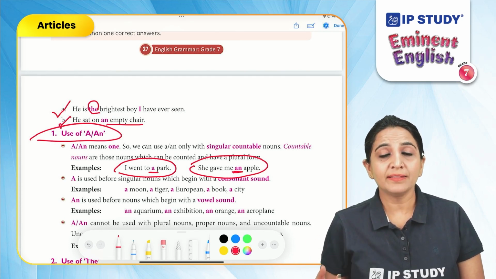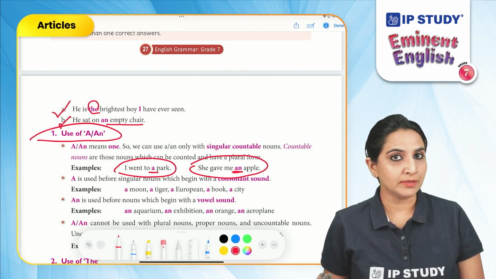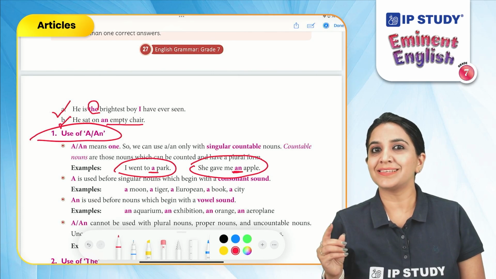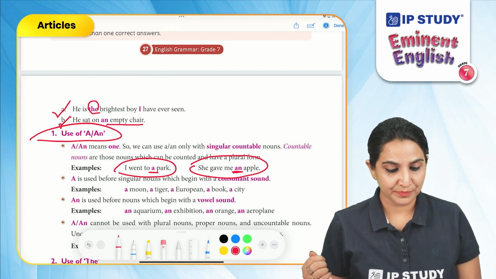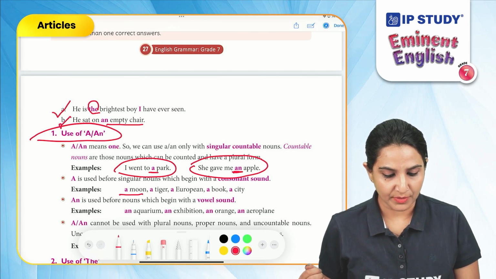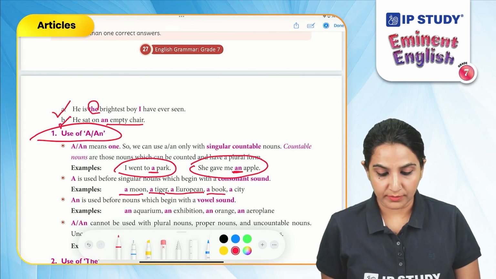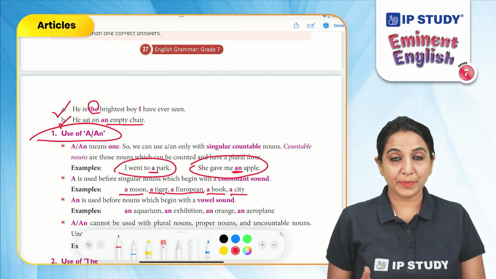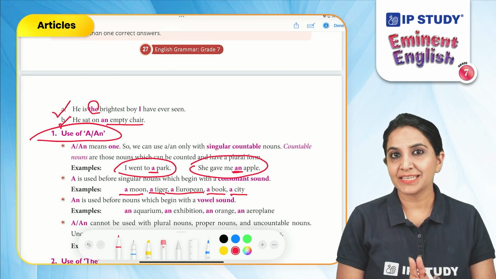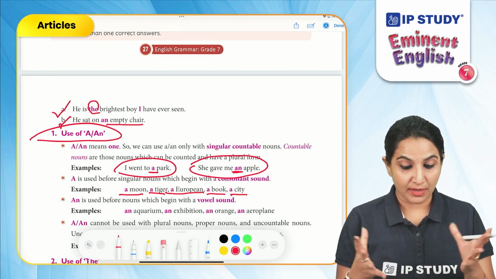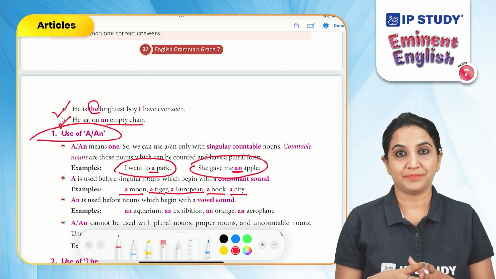So, when there is an indefinite noun, then you will use the article a, and when there is a singular noun, you will use the article a. For example, a moon, a tiger, a European, a book, a city. That means all of these nouns were singular and they were indefinite. A moon, a tiger, a European.